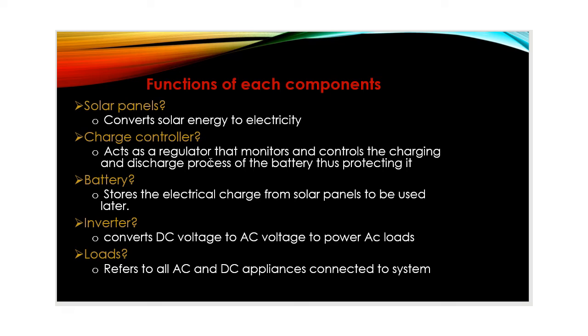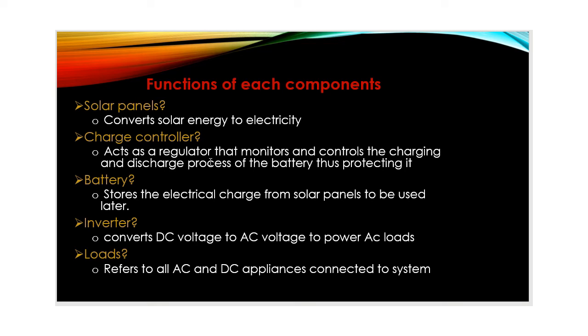In our next section, we look at the functions of each component, and we'll start with the first one, which is the solar panels. Its major function is to convert solar energy to electricity. The second component is the charge controller.